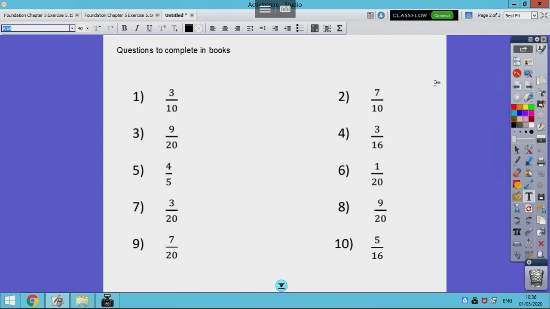So things like 5/16, 3/16, you'll definitely need to use your calculator for those ones. But you should see which ones you know automatically and which ones you don't. So 3/10 you should know now, 4/5 you should know now, 7/10 you should know now. The rest you might need to use your calculator for. And then once you've done that, you can look on the next page that I've attached on the Google Classroom and you can mark your work there.